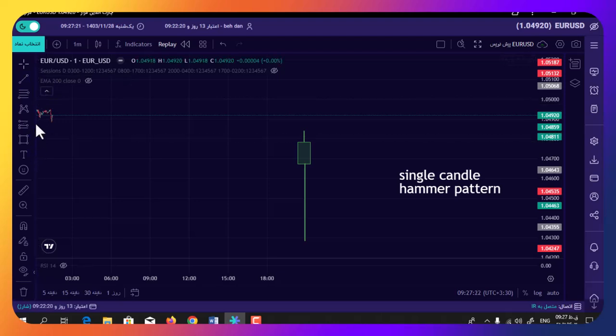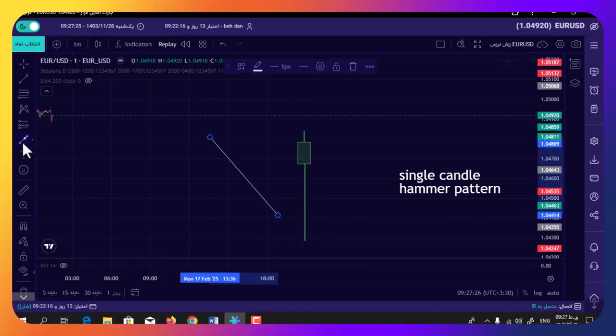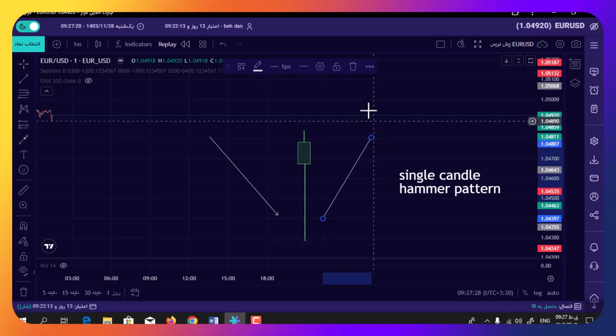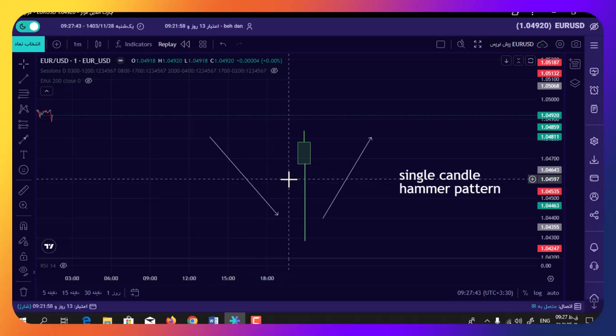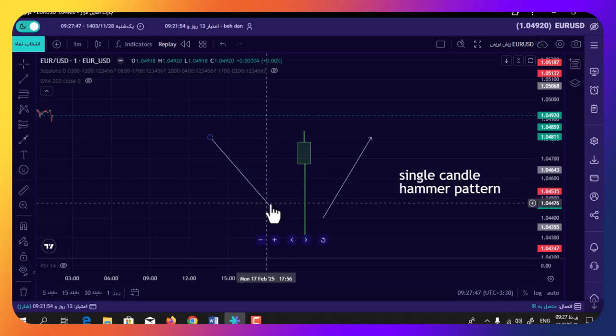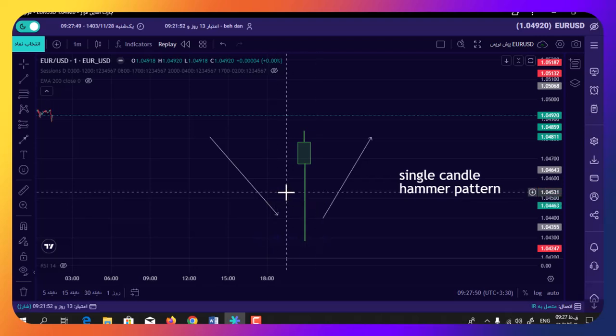However, this is not 100% certain, because the market operates on probabilities. These patterns simply serve as confirmation to help us make better trading decisions.